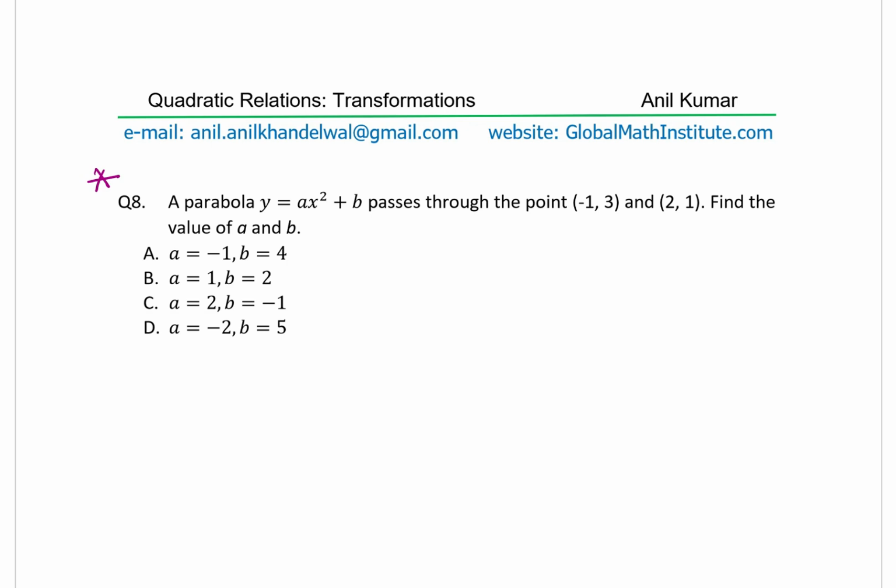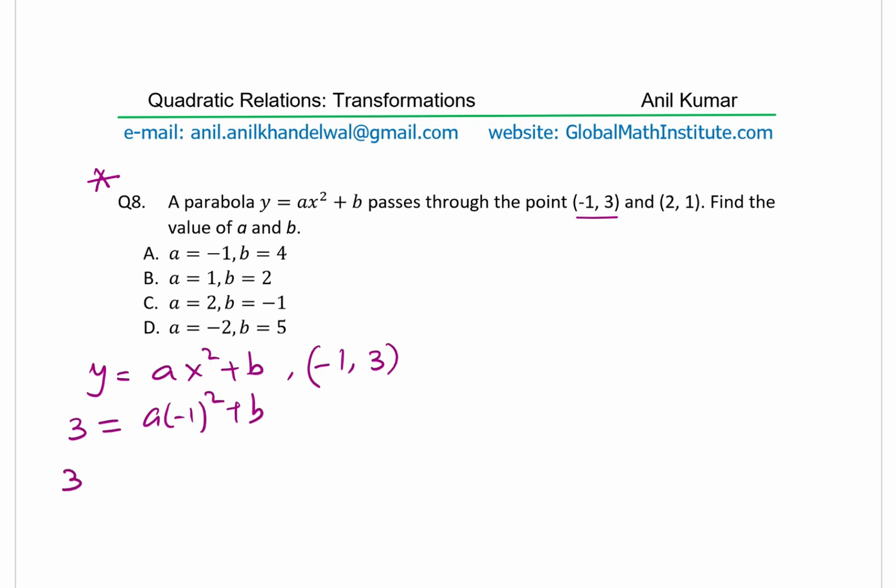Okay. So we are given that y equals ax squared plus b. Now it goes through a point which is minus 1 and 3. So if I substitute minus 1 for x, I should get y as 3. So I can write this as 3 equals a times minus 1 squared plus b, or 3 equals a plus b.